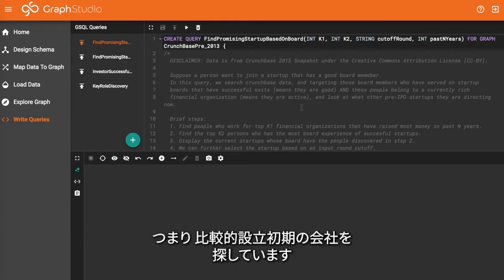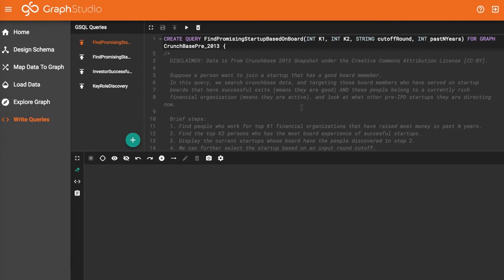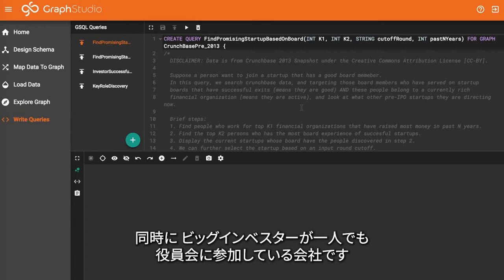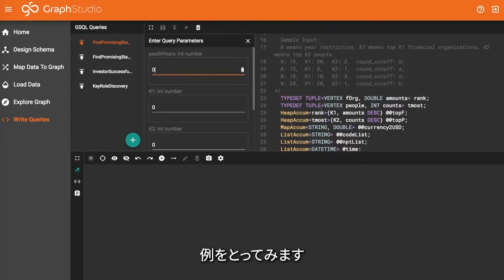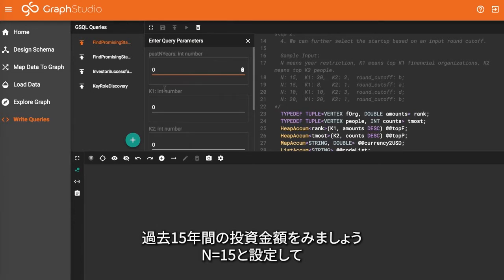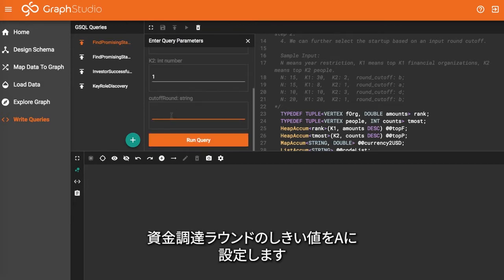So we're looking for companies who are still in a relatively early stage according to the funding round threshold that was specified as an input parameter, and who have one of these big investors on their board. For an example, let us look at investments over the past 15 years. So n is 15. The top 8 firms, the top 1 investor, and we will set the funding round threshold to A.